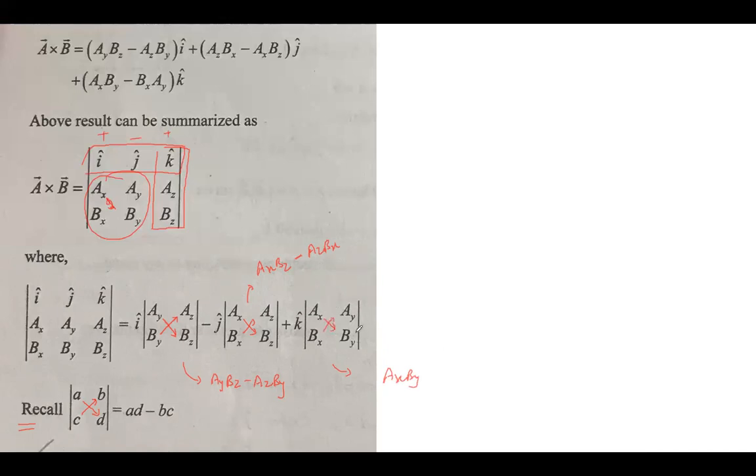So when we go from top to bottom it is positive, and when we go bottom to top it is negative. So ay bx. Is it clear, the expansion? सभी को clear है ये? Betsy, have you understood how to expand this?